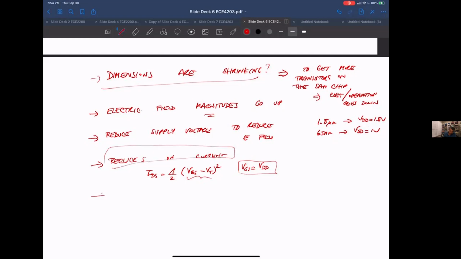So what do I do next? I'm going to reduce my VT to make up for the reduced VDD. But guess what? This increases leakage current.